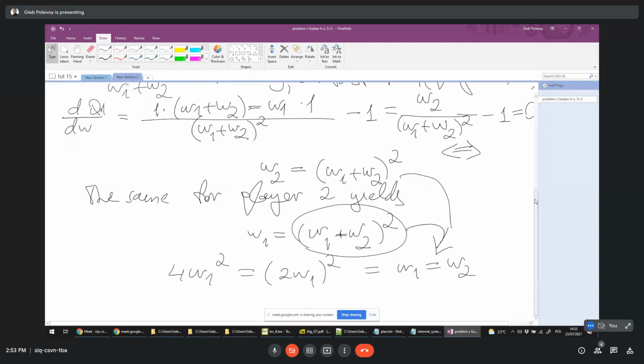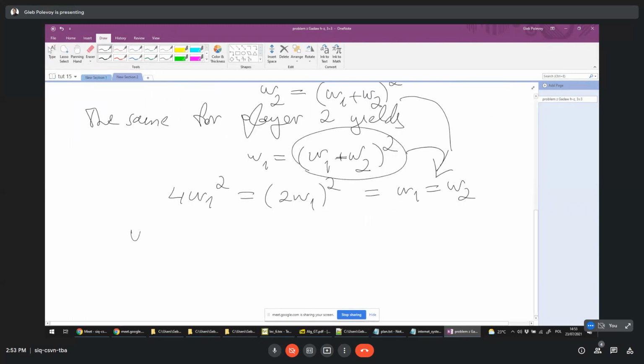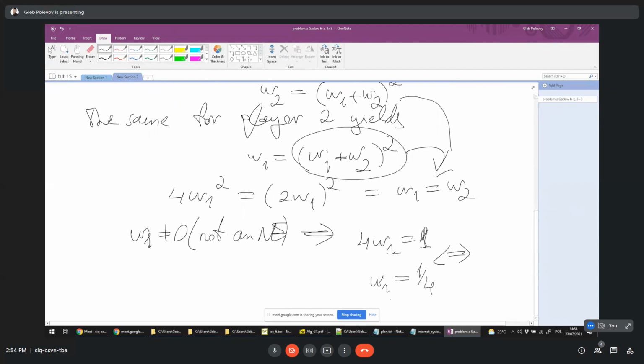So either W is equal to 0, which we know is not an equilibrium, or we can divide by W1, and then we obtain that 4W1 is equal to 1. W1 is equal to a quarter. And as we already know, W2 is also the same. So that's what we have found.